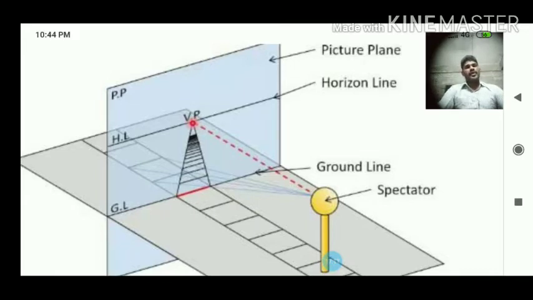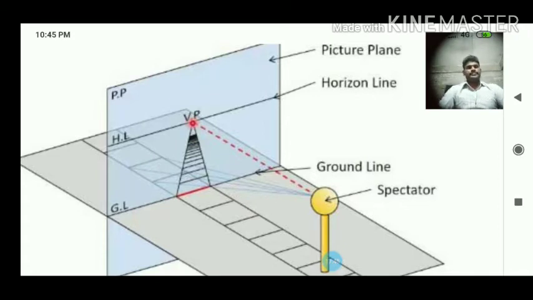A vanishing point is a point where the spectator cannot see the same distance that appeared at the starting. He couldn't see the same appearance at the end point, or vanishing point.